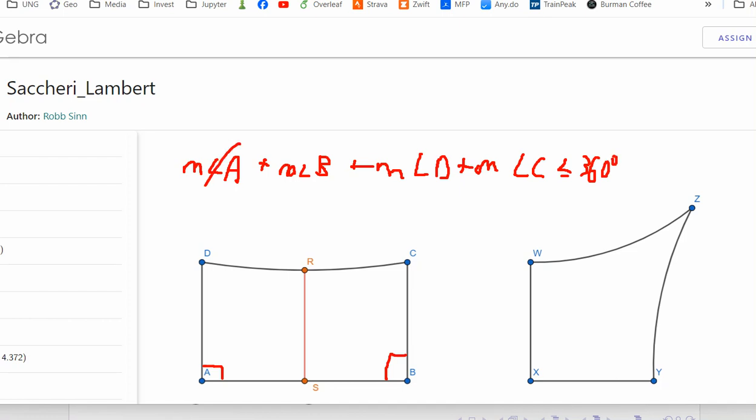But these are both 90, so the sum of these two has to be less than or equal to 180, and we just proved that they're congruent.